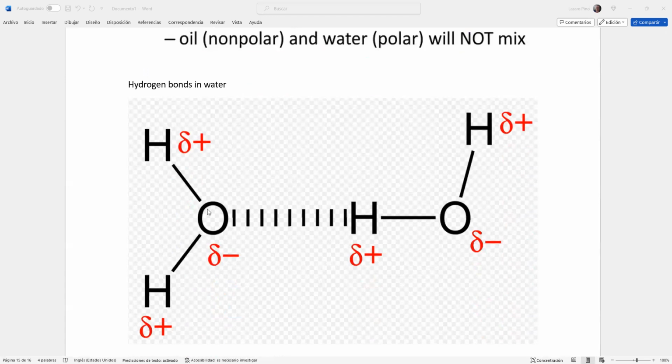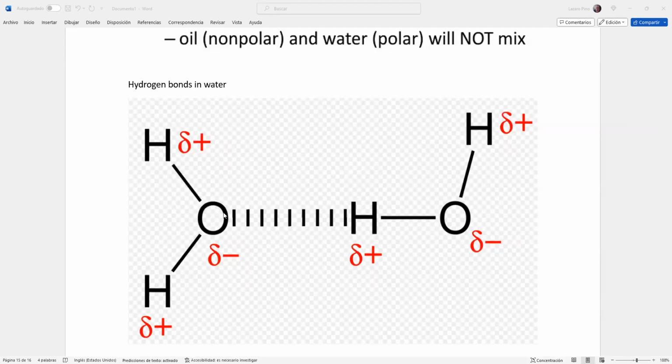Well, here we have two water molecules. You know that water itself is a dipole, where you have a delta negative charge on the oxygen and a delta positive charge on the hydrogens. Then there is an extra attraction between molecules.